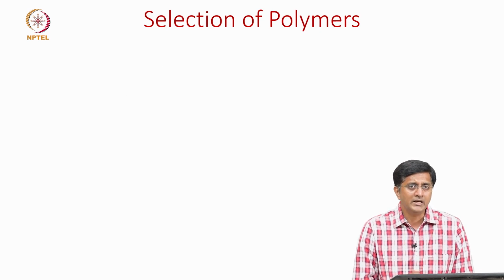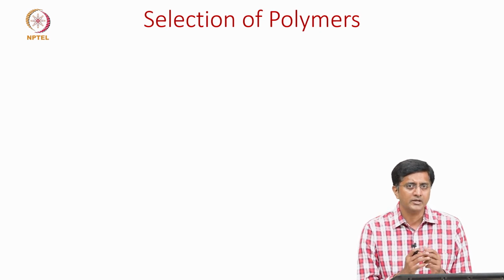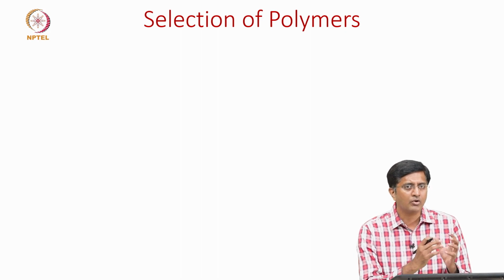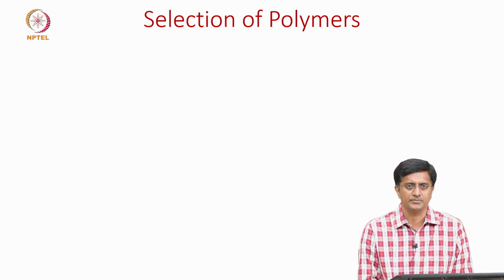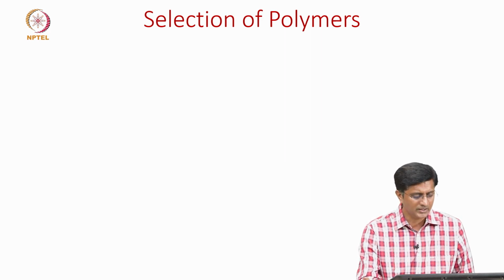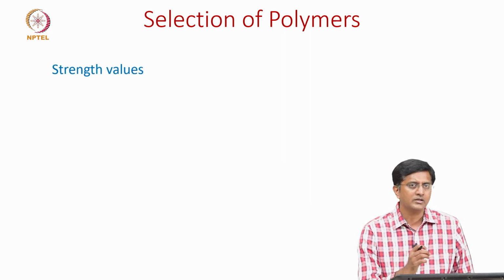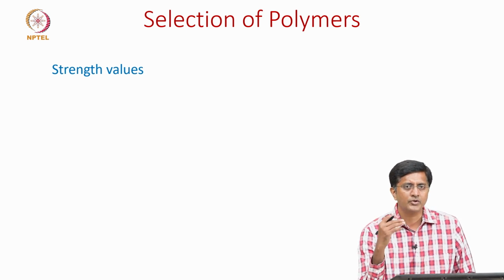There are many criteria one should apply before we can narrow down to one specific polymer which is suitable for a particular application. One of those criteria is to look at the strength values. Depending on the application, once you have done the stress analysis, you know what stresses are coming in.